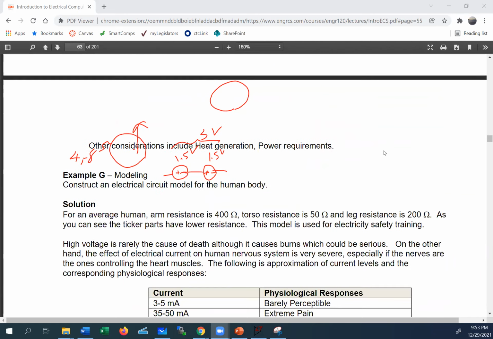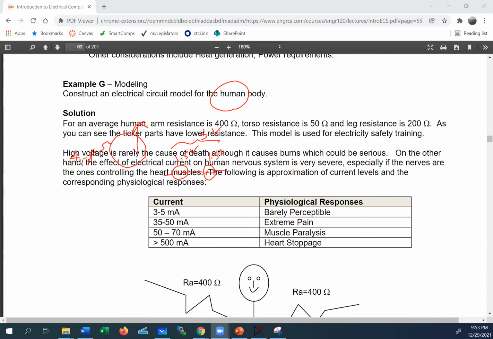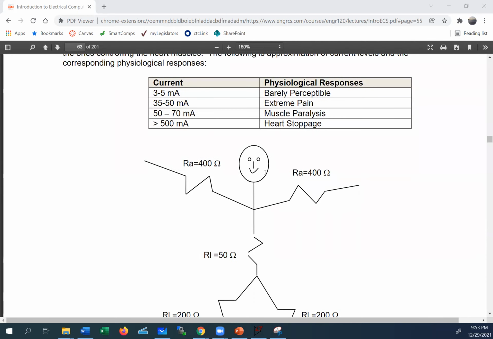So what I'm saying is that by just simple modeling with what we've done so far, we are getting to a point where we can actually make some models of things and think about them. The other one is a human being. For a simple model of a human being, if you're trying to figure out what electricity does to humans, it would be something like this.